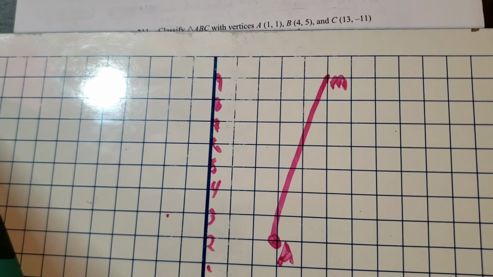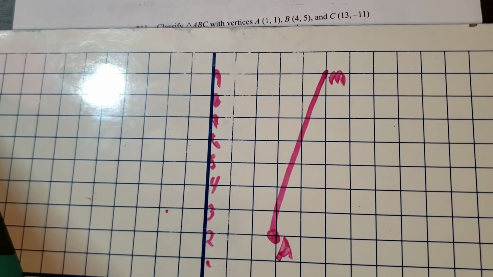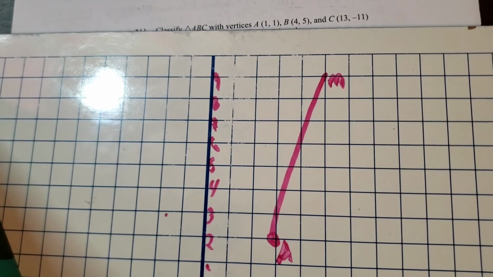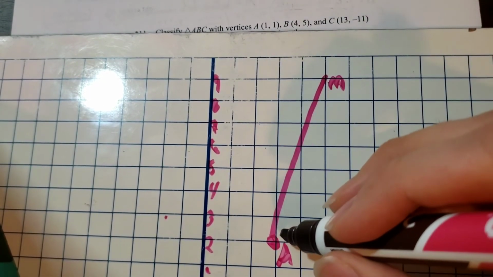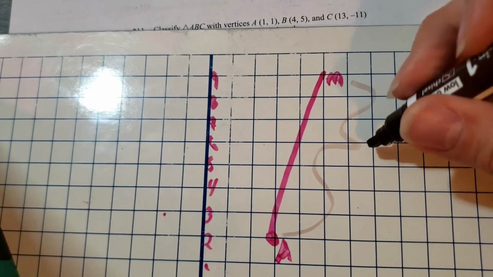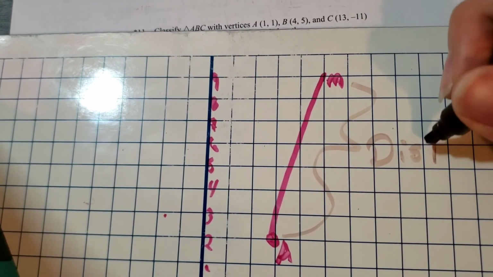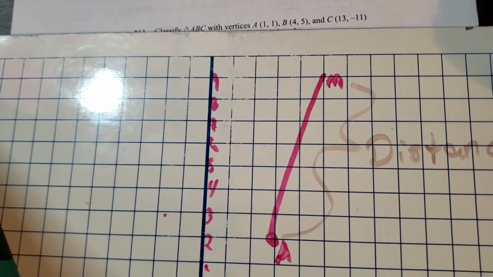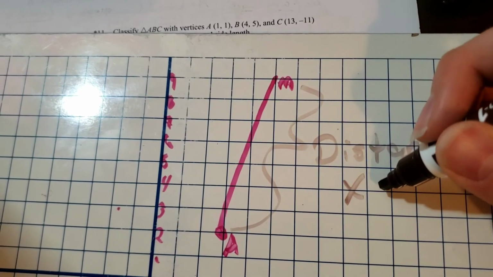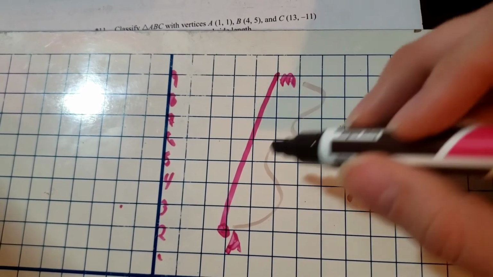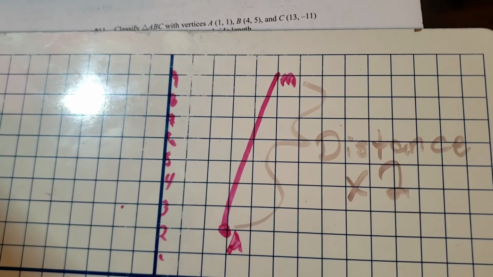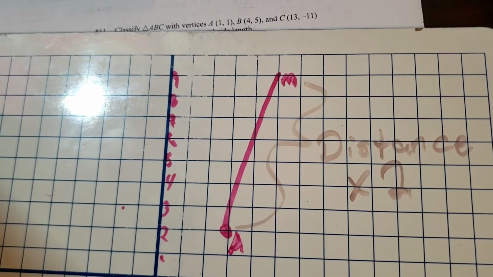What's this? How are we going to figure this out? Well, what I'm going to do is figure out the distance. I'm going to find my distance and then multiply by 2, and then add that to figure out all the other ones.